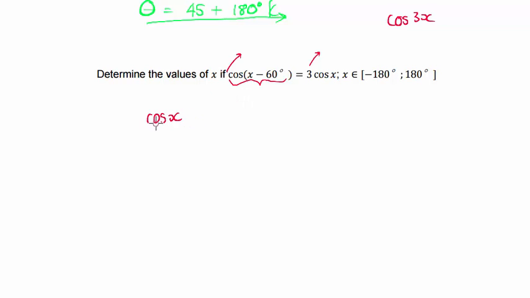So cos x cos 60, and sine is same sign, cos is different sign: cos x cos 60 plus sin x sin 60 is equal to 3 cos x. Next, what will I do?